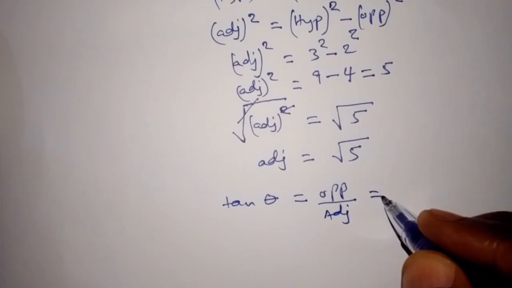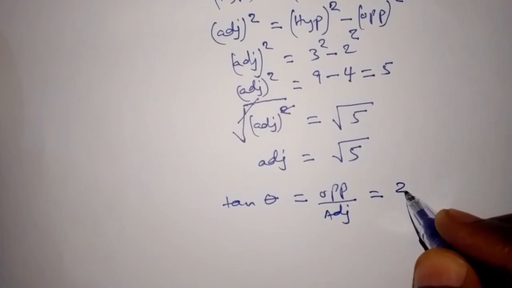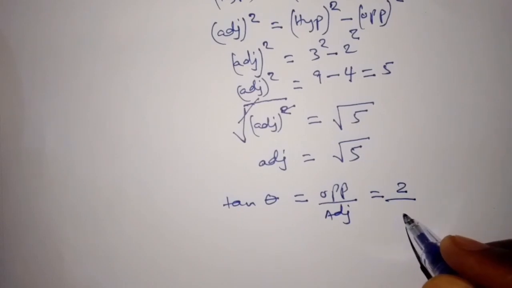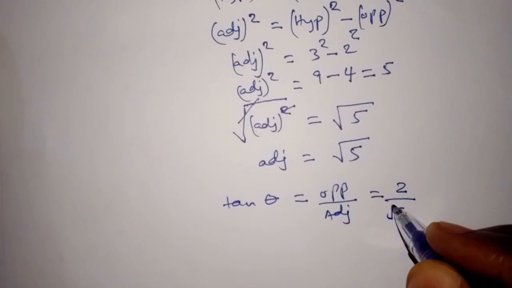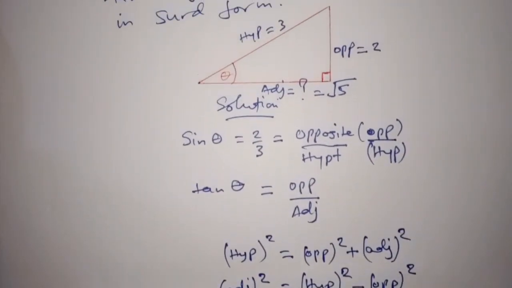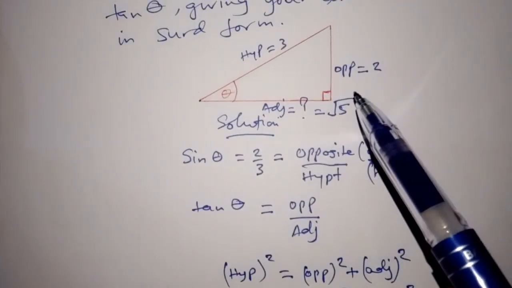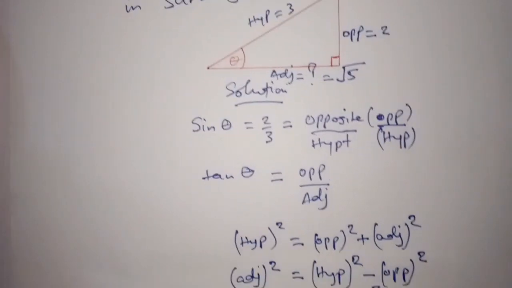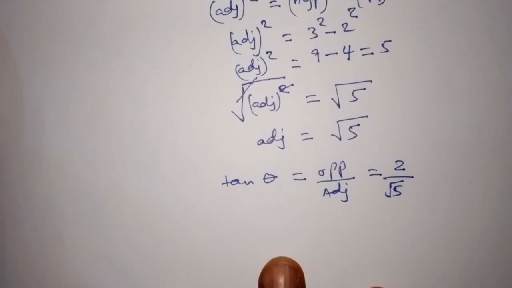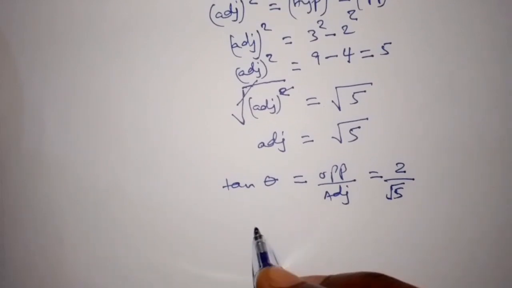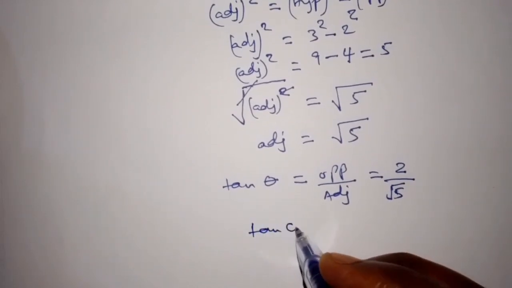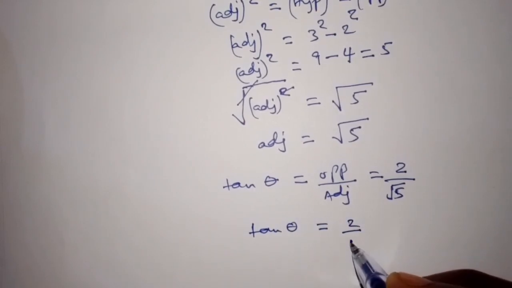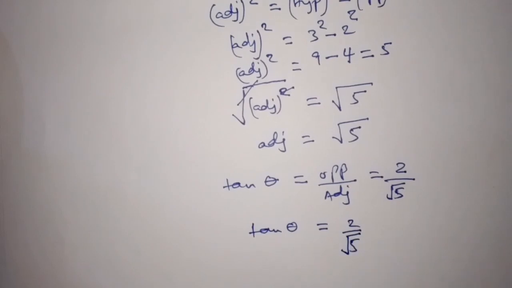Our opposite here is 2, and our adjacent here is square root of 5. So now tan theta is equal to 2 over square root of 5.